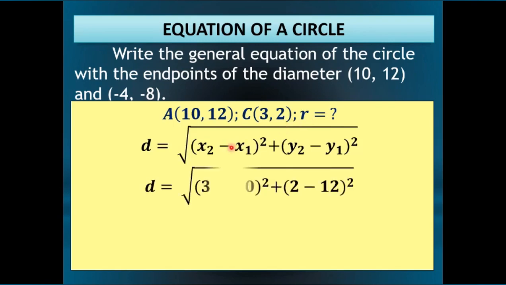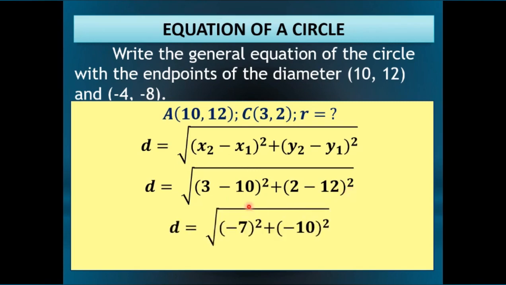By substitution, we have the square root of (3 minus 10) squared plus (2 minus 12) squared. 3 minus 10 is negative 7, so negative 7 squared, and 2 minus 12 is negative 10, so negative 10 squared. Negative 7 squared is positive 49 and negative 10 squared is 100. So 49 plus 100 gives the square root of 149 units.